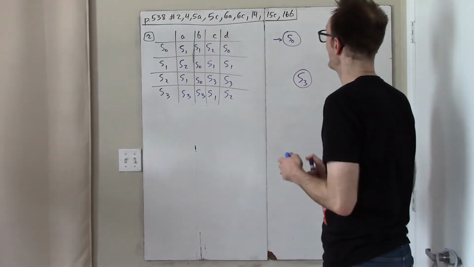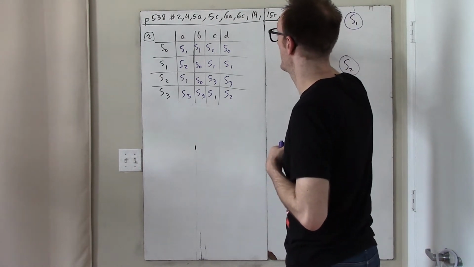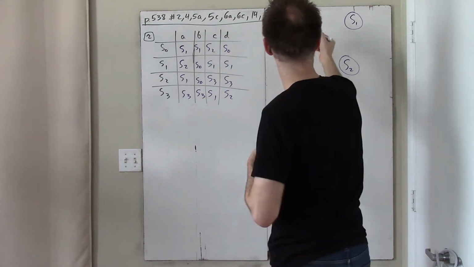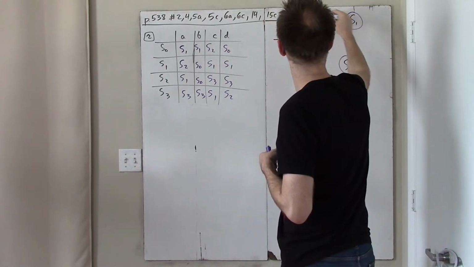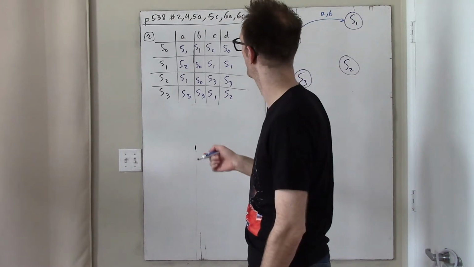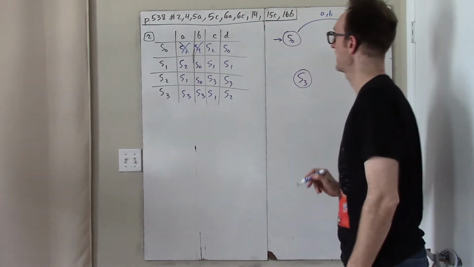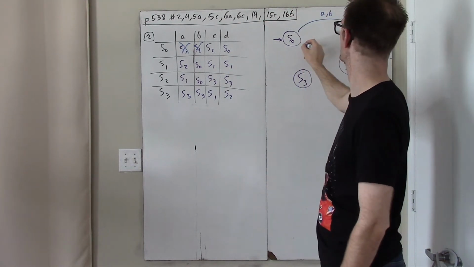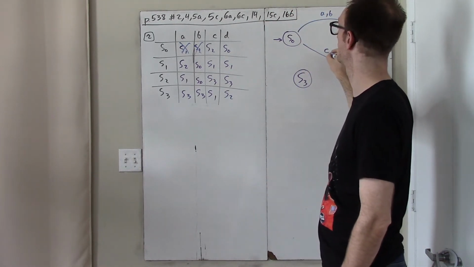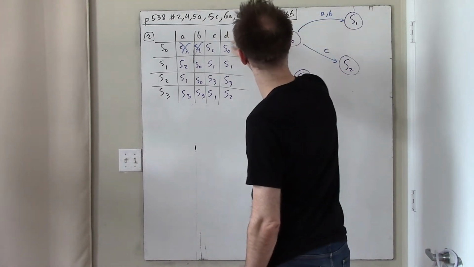Okay, so if I'm in S0 and I read an A, I'm supposed to go to S1. But if I read a B, I'm also supposed to go to S1. So I go to S1 on an A or a B input from S0, and I go to S2 on a C input, and I go back to S0 on a D input.